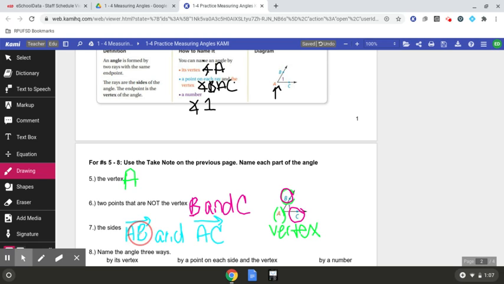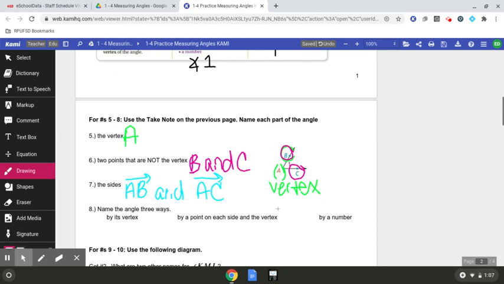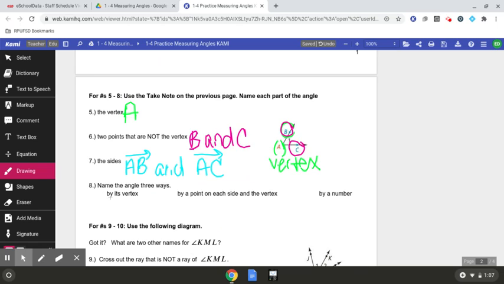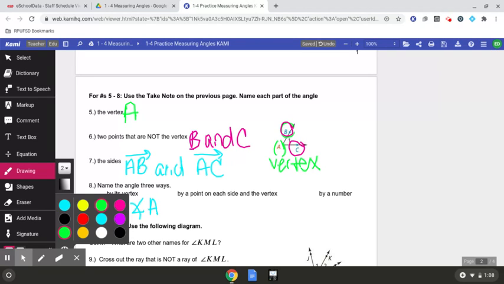So basically, we took one angle and dissected it and pulled it all apart. Now we're going to name it, which we actually did in this little section right here, so we're just going to reiterate it. By its vertex, we would call this angle A. Another way is you could use the angle symbol and say angle A. The second way is by a point on each side and the vertex.